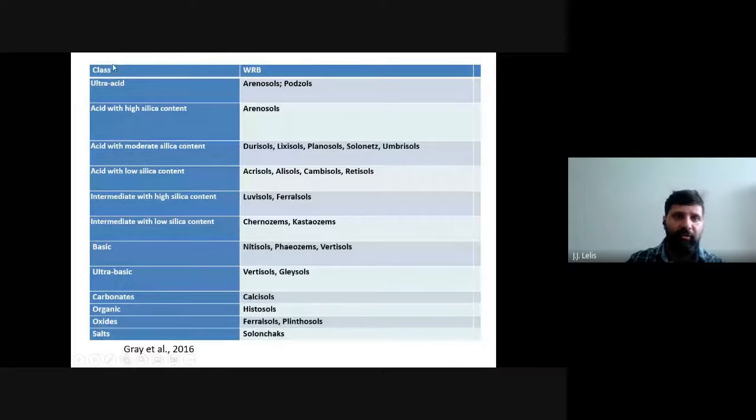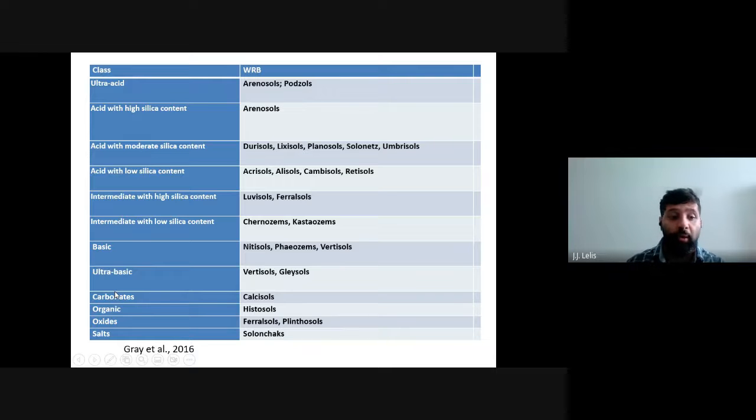And if you have soils that were formed from acid rocks with high content of silicon, we probably will have arenosols. So we can see that we have a soil classification that's quite related to the parent material.